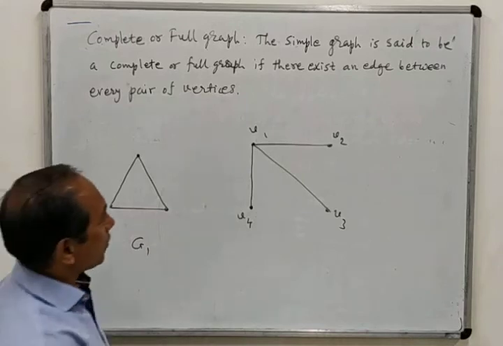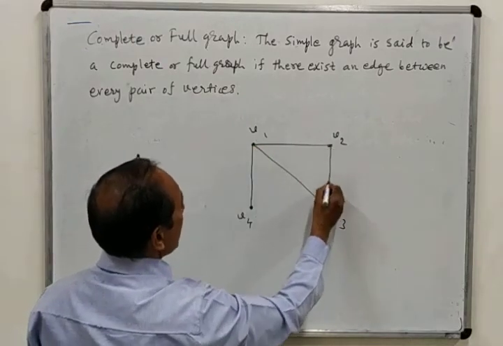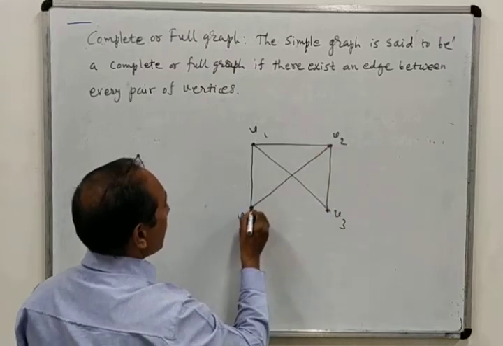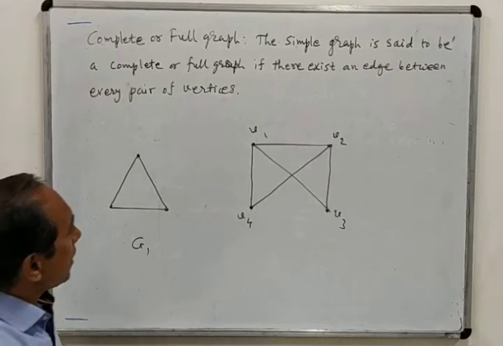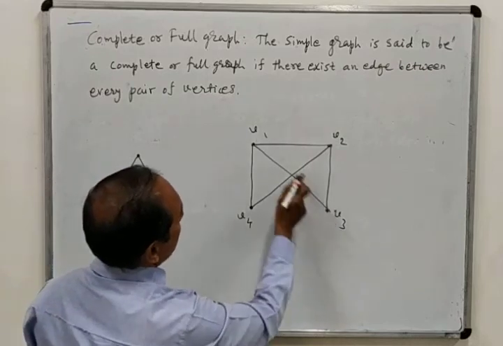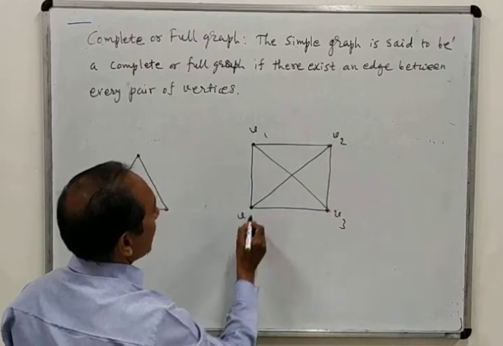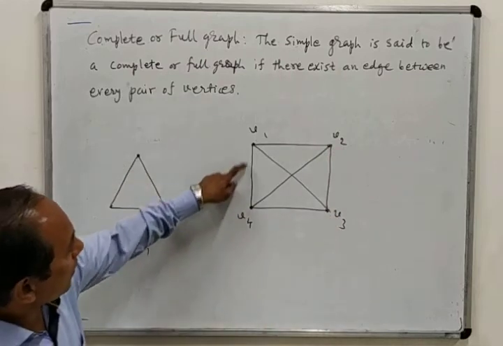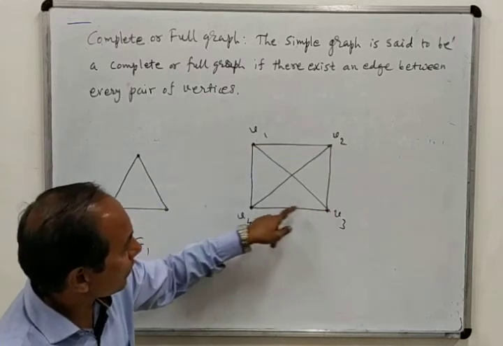Now see, similarly for V2, there is an edge between V2 and V1, V2 and V3, V2 and V4. Then for V3, there is an edge with V1, with V2 and with V4. Similarly for V4, there is an edge with V1, with V2 and with V3.